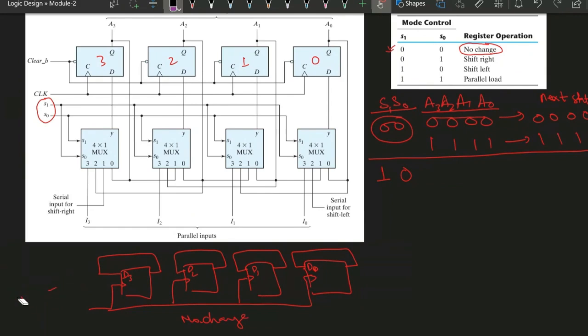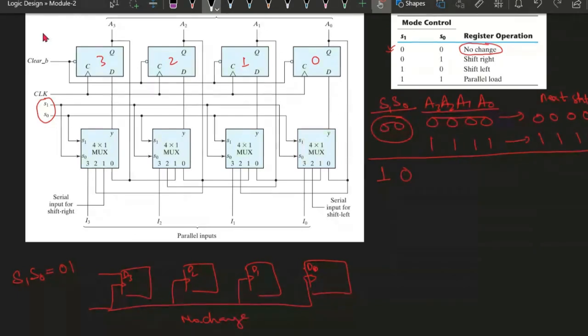Similarly, if we talk about the next case where S1 and S0 equal 0, 1, we just need to check where the D of the flip-flops is connected from. So D of the flip-flops is connected with which value? We will look it up.